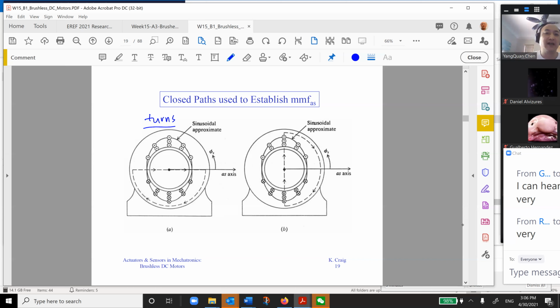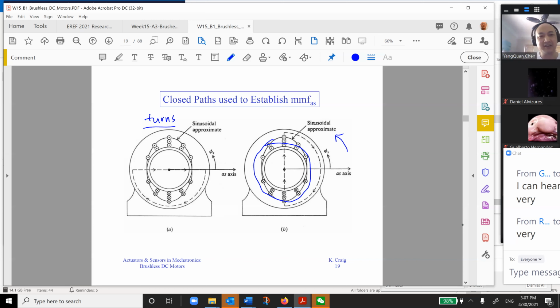So now they do a uniform distribution. What if I have a uniform distribution and I still want a rotating magnetic field? How should we do that? We try to change the supplying voltage.